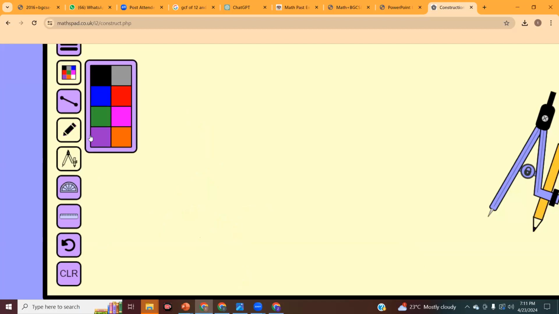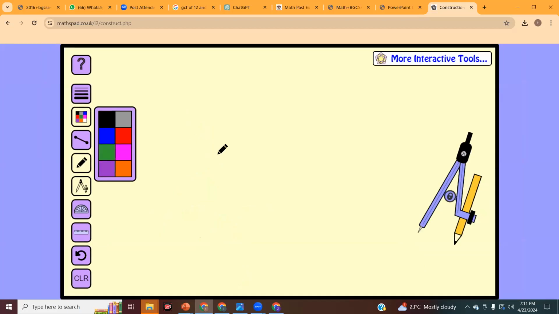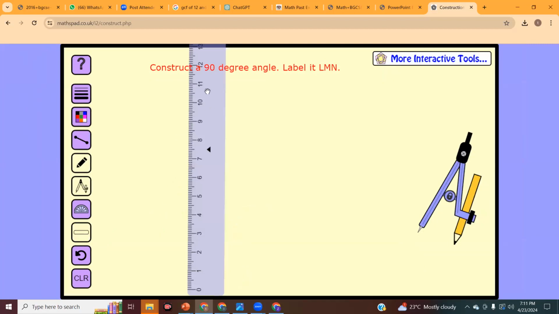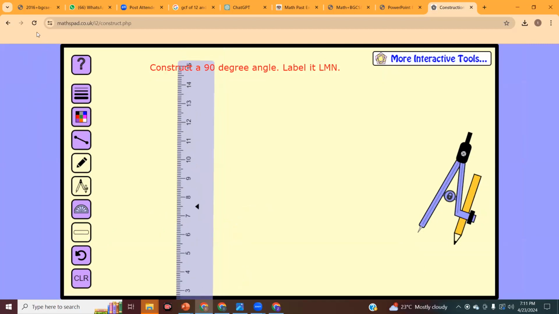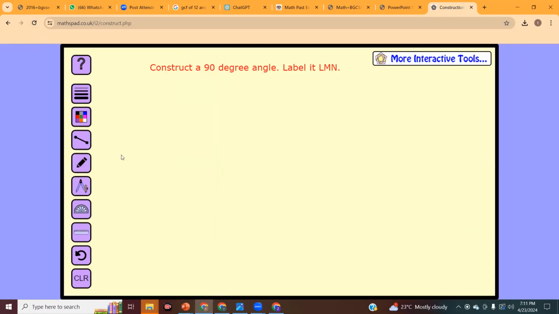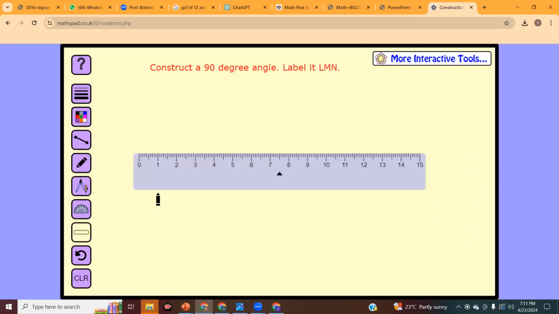In our case, we'll draw a ray. So what are we gonna name the ray? We're gonna name it L. The ray part, the dotted part is gonna be M. M, very good. So we're gonna call this M.